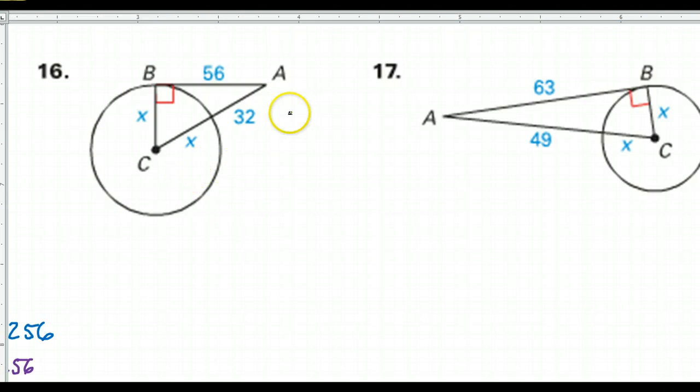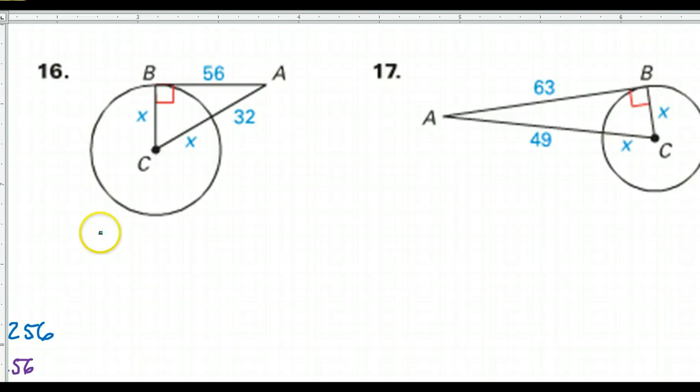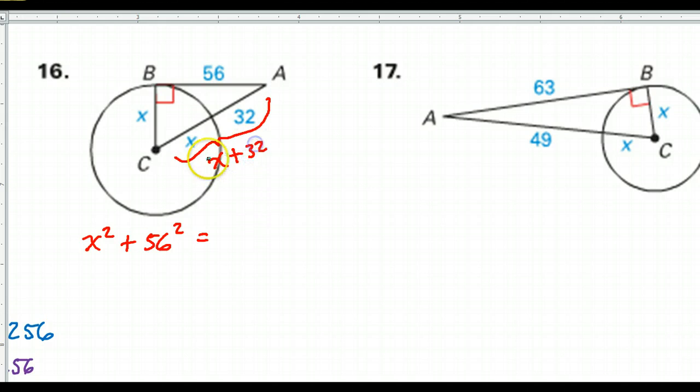So the rest of these other two problems are going to be pretty much exactly the same as what I already just showed you. So let's just do it again. So this is going to be like x squared plus 56 squared, just doing my Pythagorean theorem. But then, just like before, the hypotenuse is a binomial. So it's x plus 32. It's going to be the binomial for that. So it'll be x plus 32 squared.